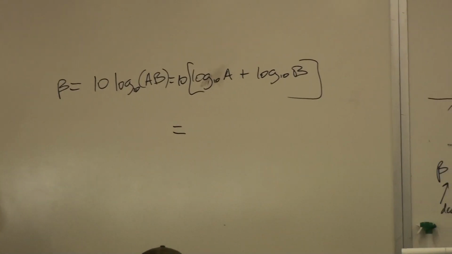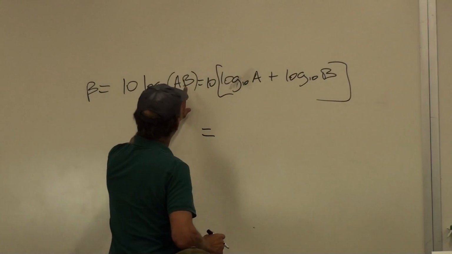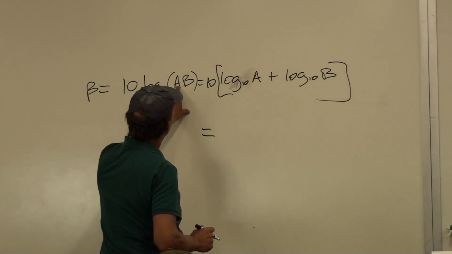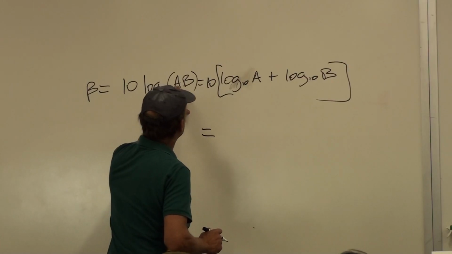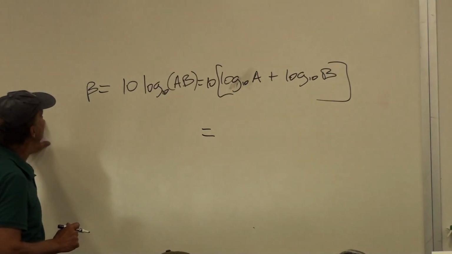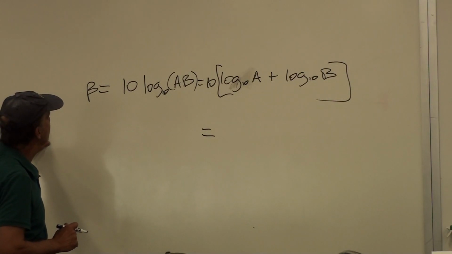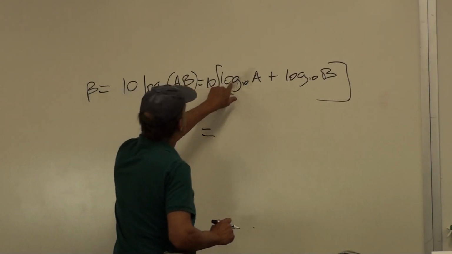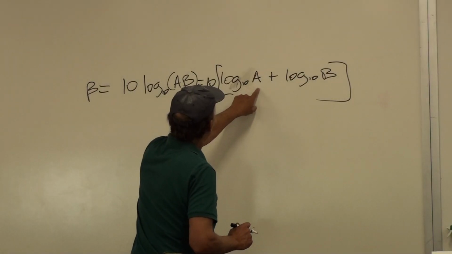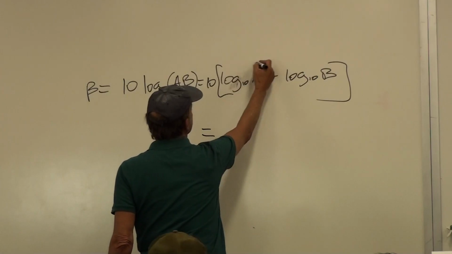And so then we could just say, well, this is 5 times A, so the log base 10 of A is basically your 70 dB here.